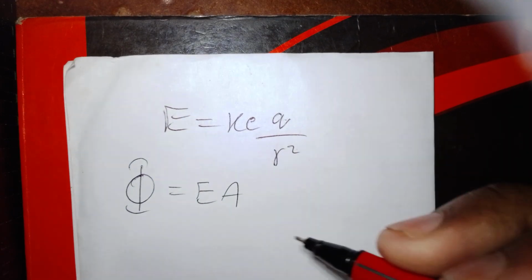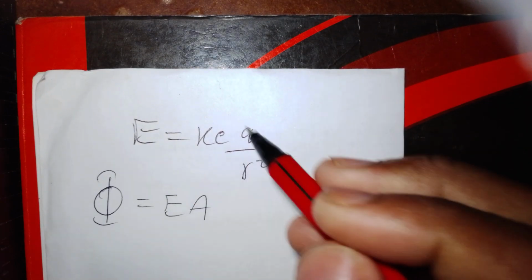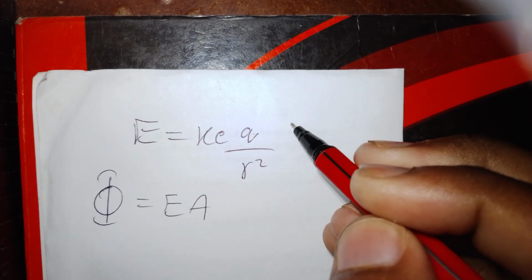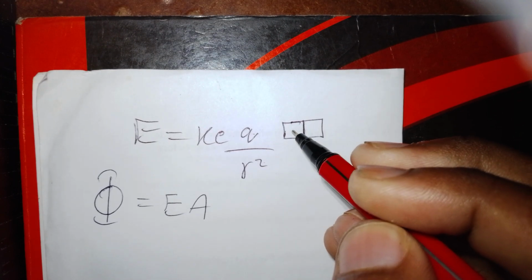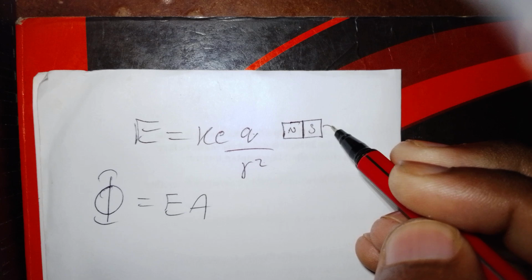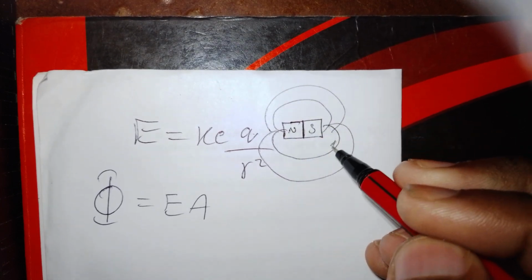What exactly is the electric flux? We are talking about electric fields. For this topic to be easy, just think of it in terms of magnets. We've got the North Pole and the South Pole, and magnets have fields. These are field lines.